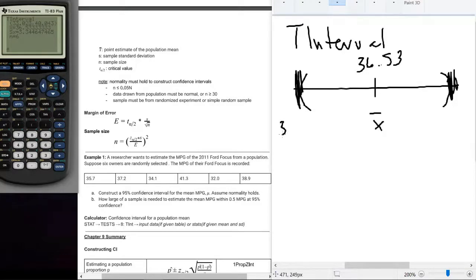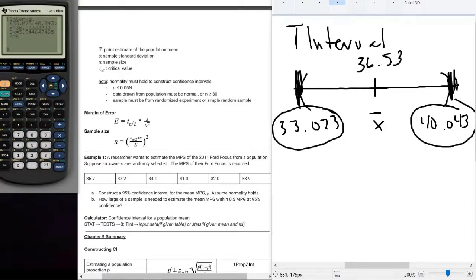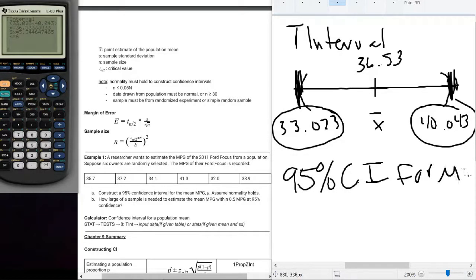So between 33.023 miles per gallon and 40.043, we believe with 95% confidence that the unknown population mean is between the confidence interval 33.023 and 40.043.